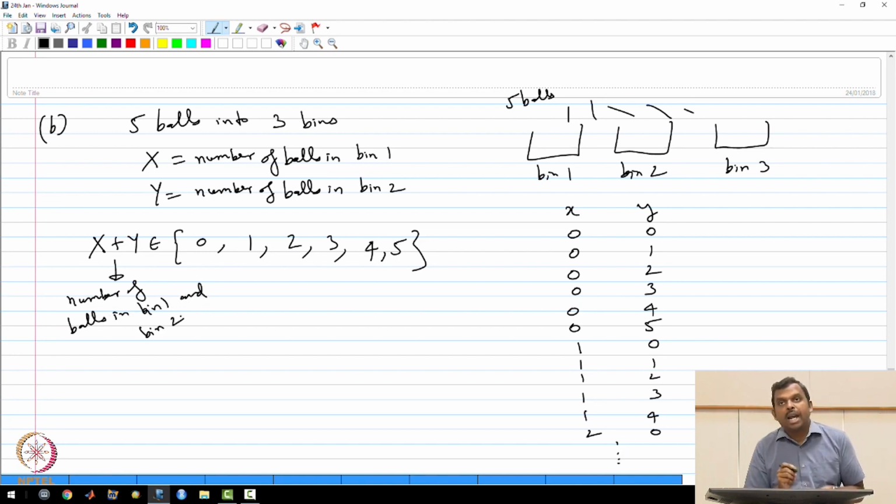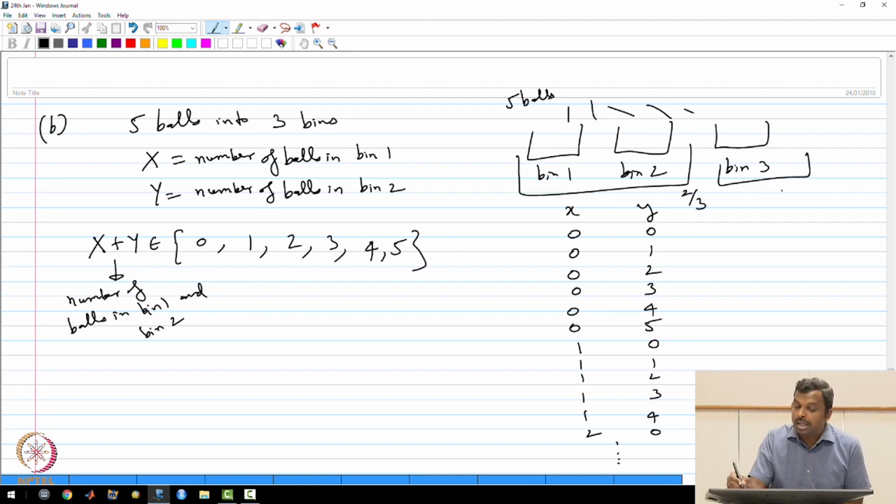Okay, so what you can do is you can kind of fuse these two bins together and think of it as one super bin. Okay, and probability that a ball lands here is 2 by 3, the probability that the ball lands here is 1 by 3, right? So every ball, if it lands in either bin 1 or bin 2, I have some sort of a success when I want to count x plus y, right?